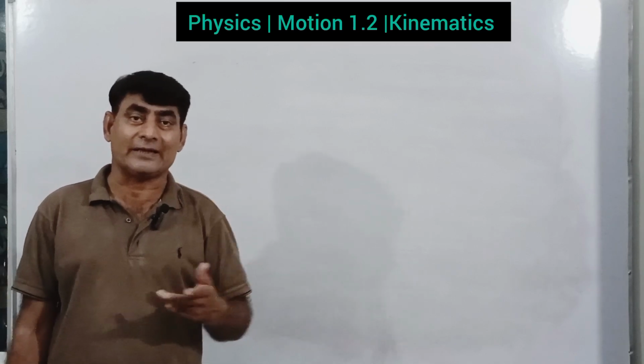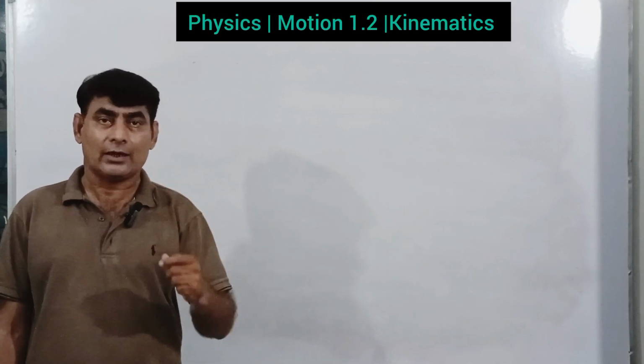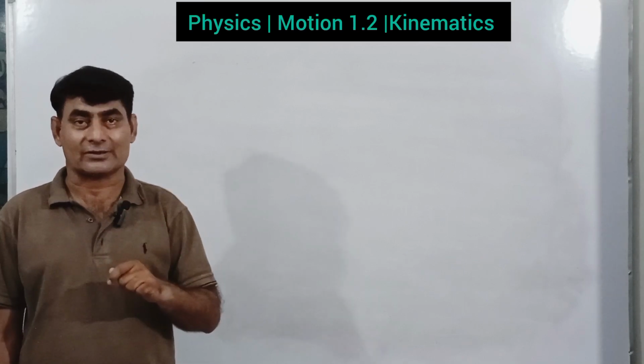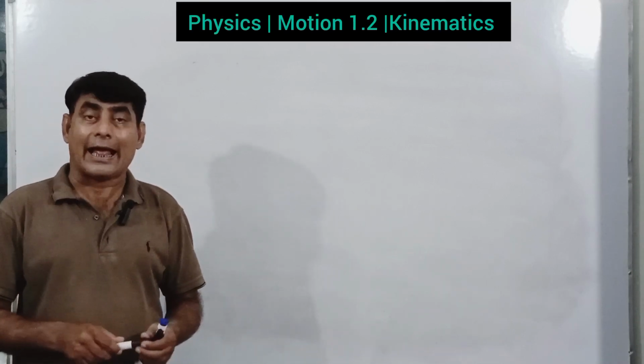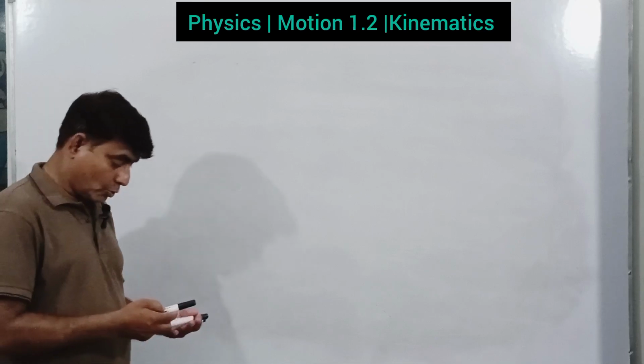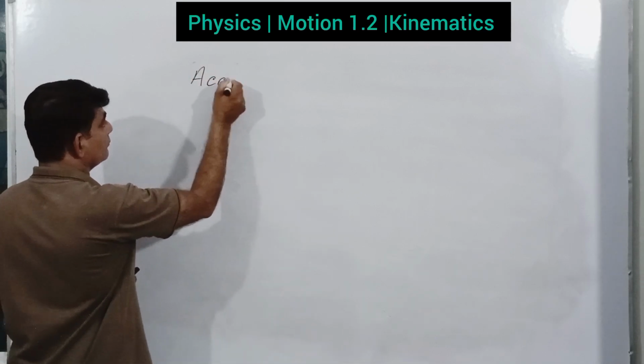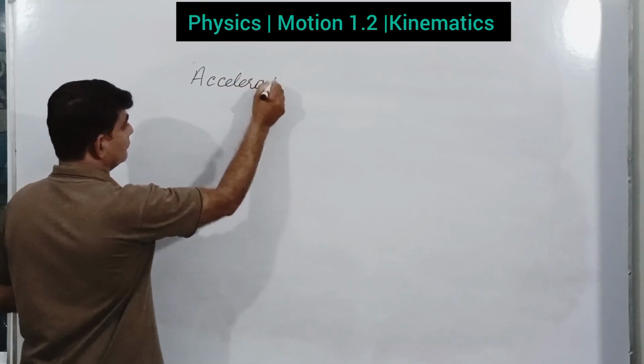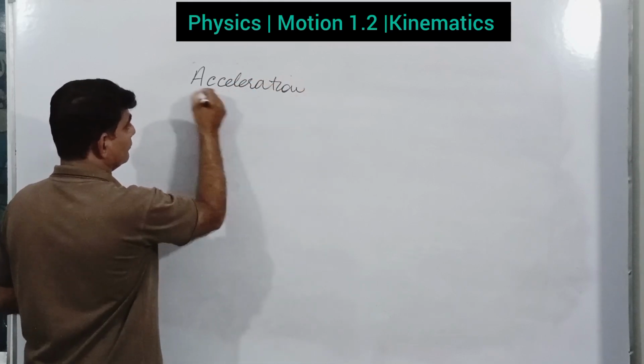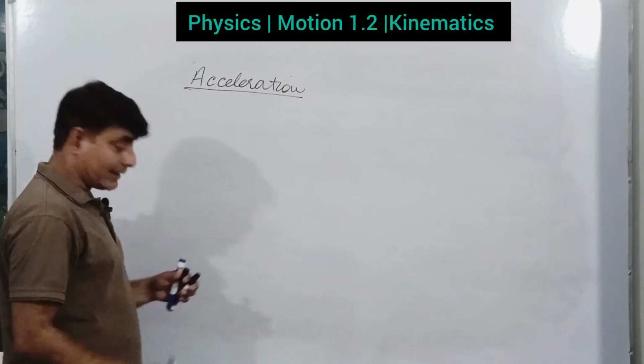The only difference between speed and velocity is direction. So if we use the word speed rather than velocity, it means we are not considering direction at that time. Okay, now I am starting with the word acceleration.